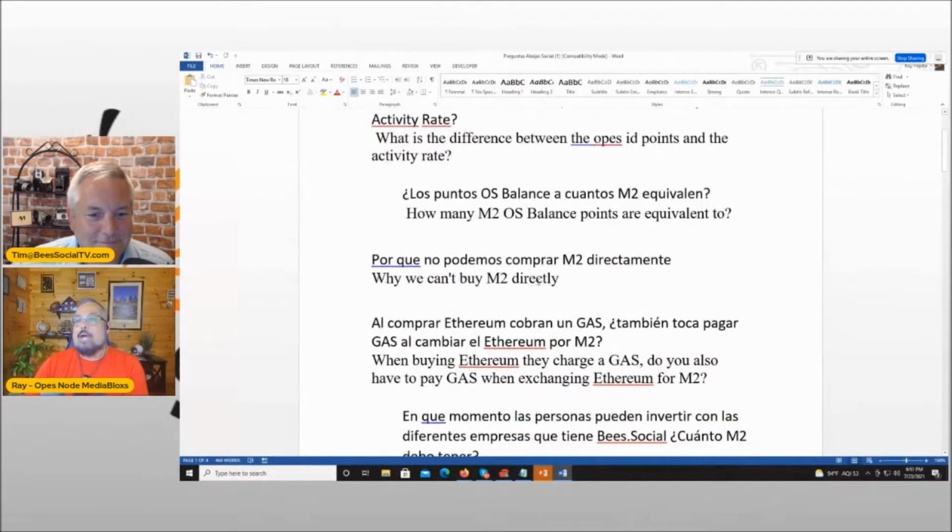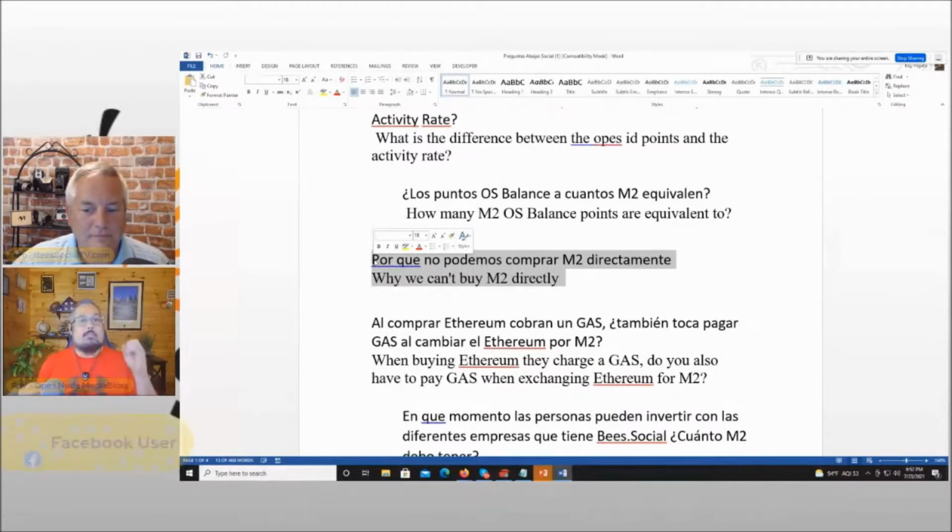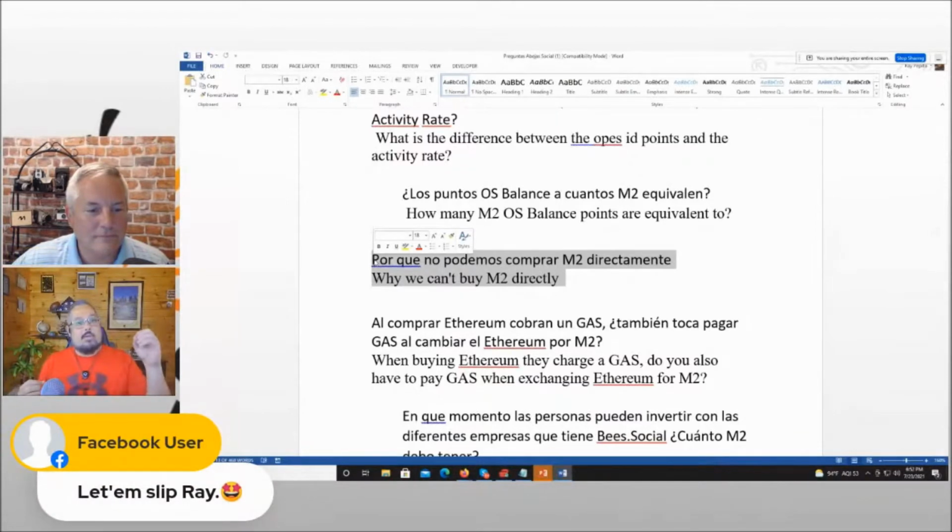Why can't we buy M2 directly? I know from where you guys are, you actually can. You can go into MetaMask and have Ethereum, and you would go to our exchange and pay and switch Ethereum for M2 tokens. But I know that you guys would pay a lot in gas.